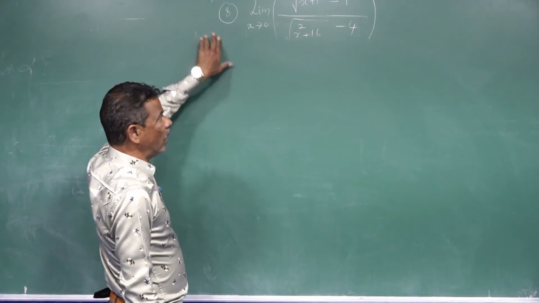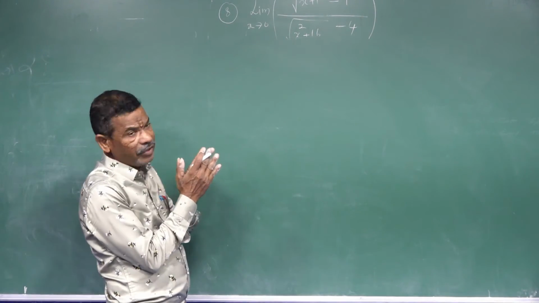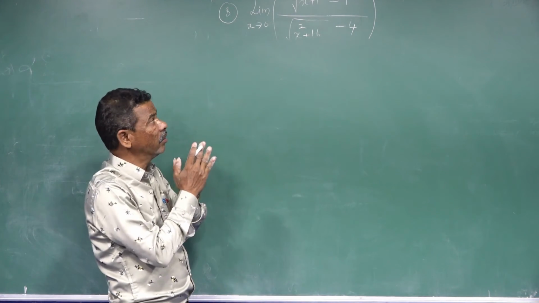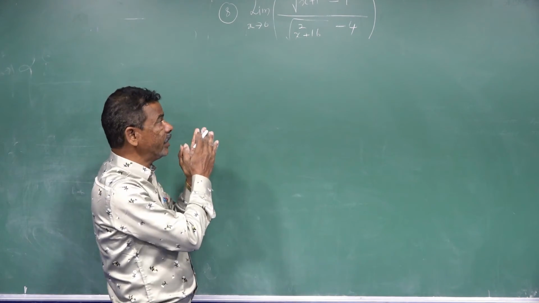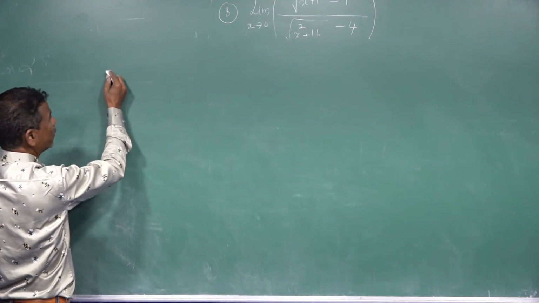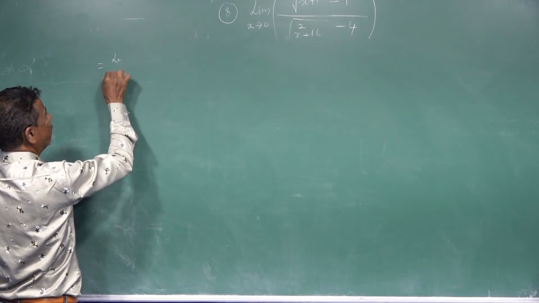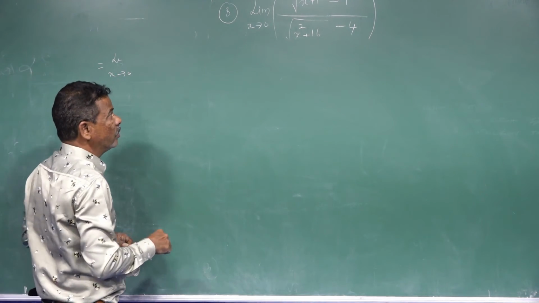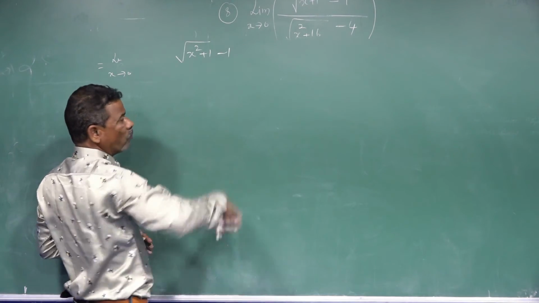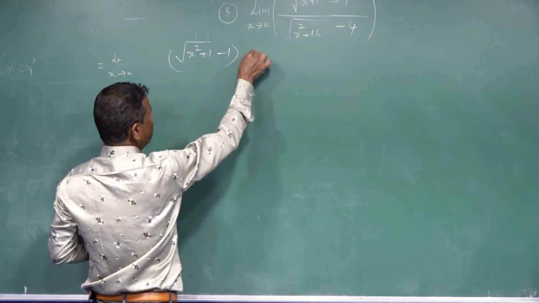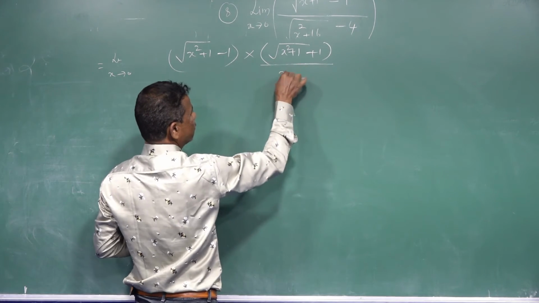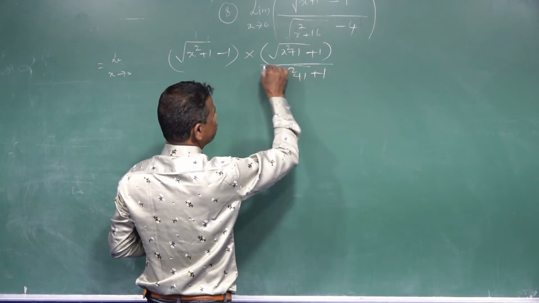Next, 8th problem, this one. Both are having roots, in the numerator and the denominator. That's why we take the rationalization on both numerator and denominator. So according to that, limit x tends to 0 as it is. For the numerator, root of x square plus 1 minus 1, multiply by root of x square plus 1 plus 1 by the same.